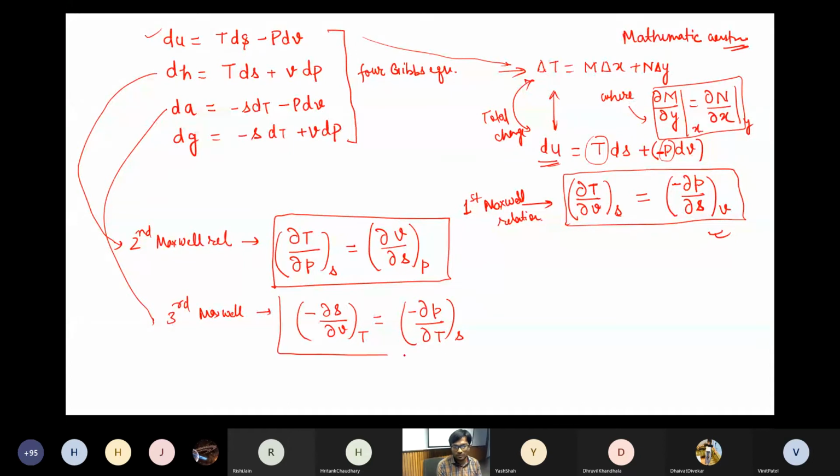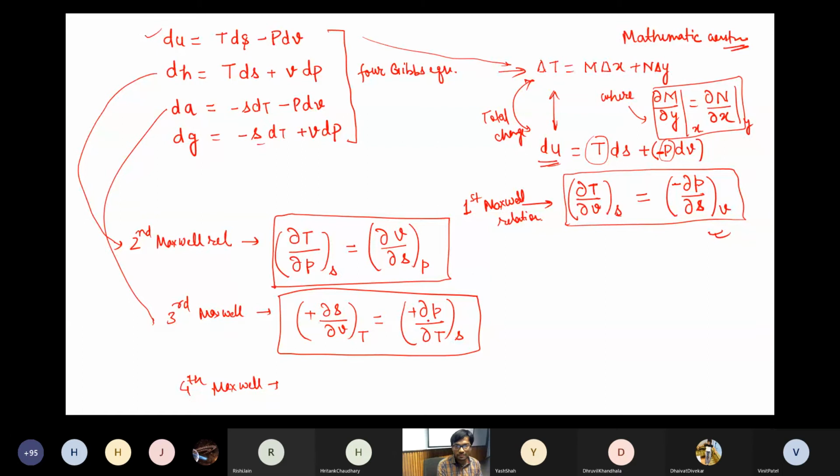Yes, this is your fourth one. So obviously the minus sign and minus sign you can cancel out. And the fourth Maxwell relation comes out in a similar fashion.